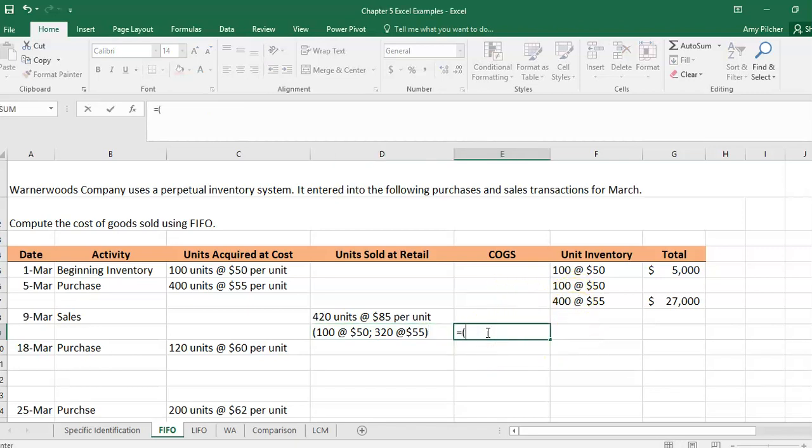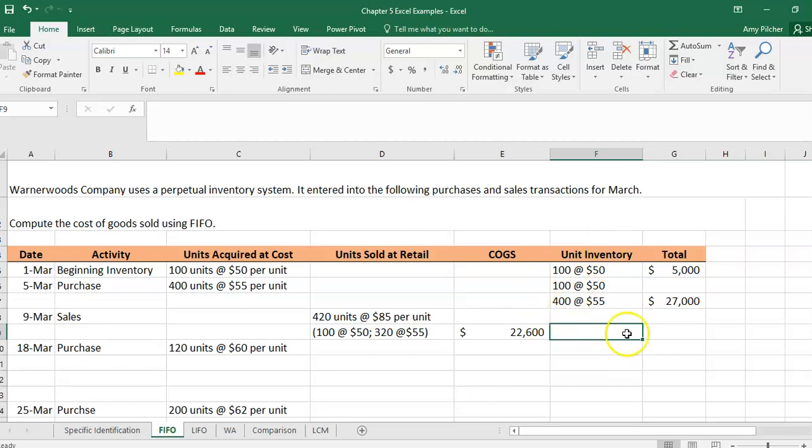This gives us a cost of goods sold of 100 times 50 plus 320 times 55, $22,600. Our ending unit inventory now is 80 units at $55.